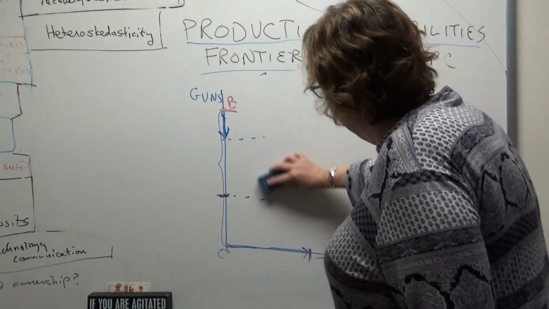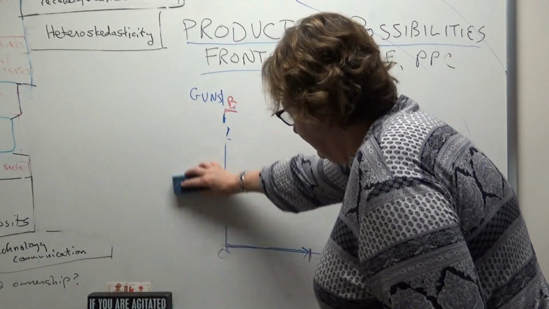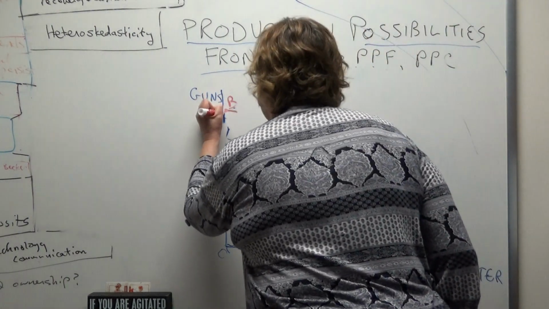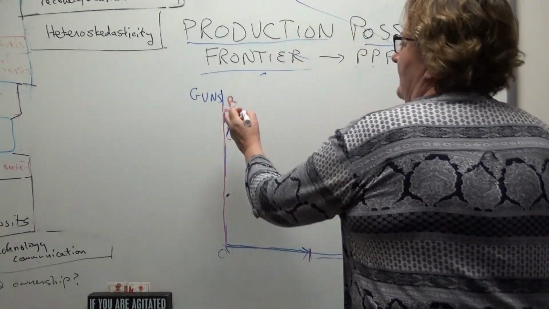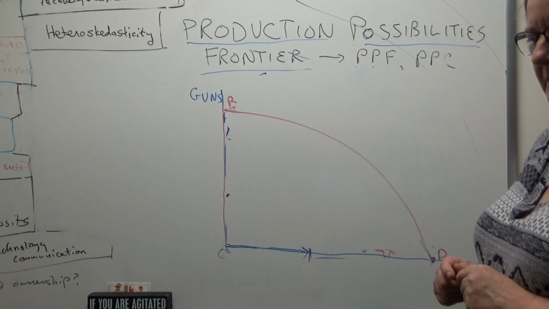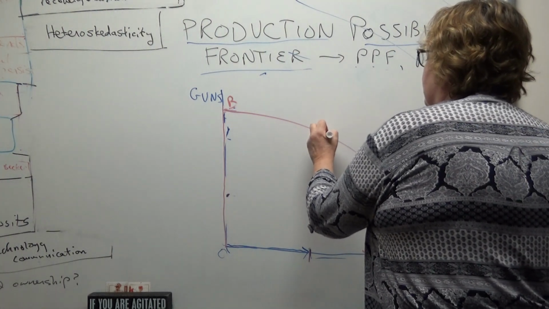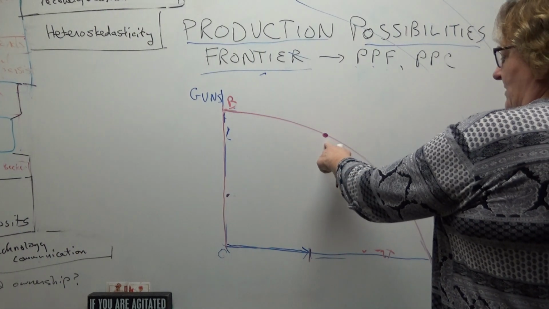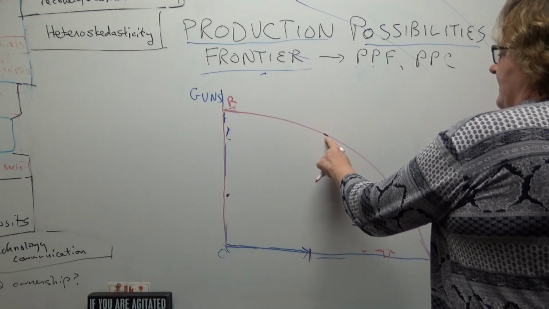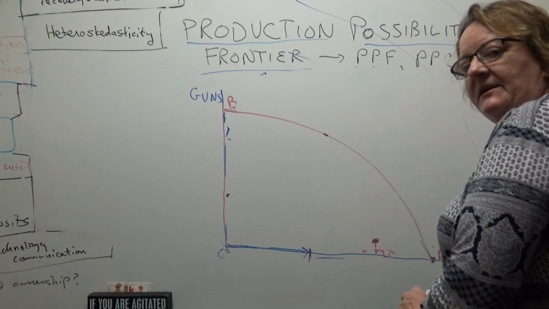Now let's get back to where we were in the 1930s. So we have one of these. '30s. We weren't here. We were producing more butter, not a lot of guns, and we were having unemployment, so we were probably somewhere like here, because that was the Great Depression.